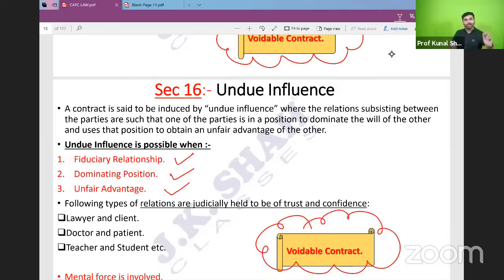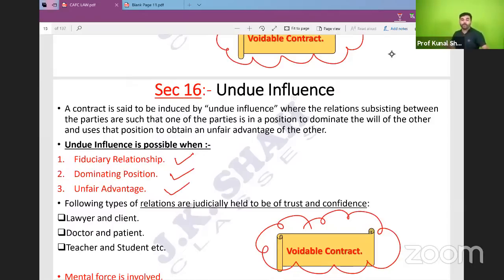Then it is just a consent but not a free consent. There would be a contract, but not a valid contract. In fact, the contract formed through undue influence is voidable in nature. The consent of the child is taken through undue influence because the parents have used unfair advantage of their position.